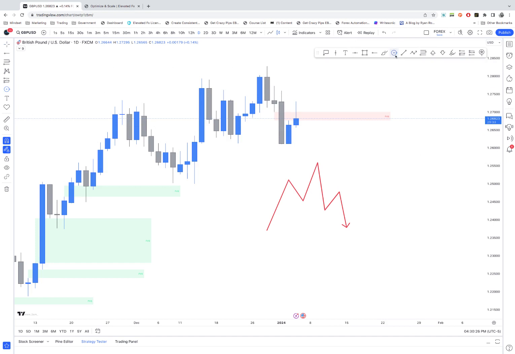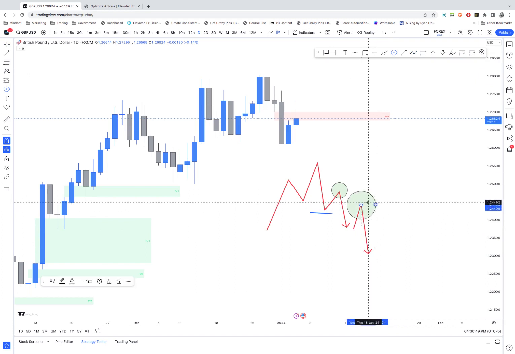And what we'd want to do is wait for the price to break that structure, right? Like so. You'd want to wait for price to break that structure right here. And instead of jumping in for a sell right away, you wait for price to pull back to the key levels that you are marking up for you to take your trades in these zones right here.